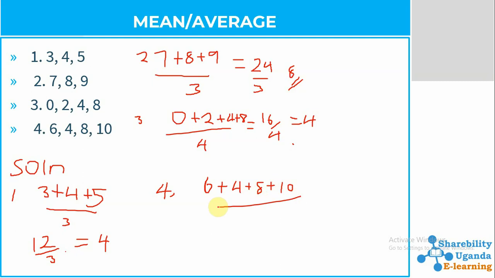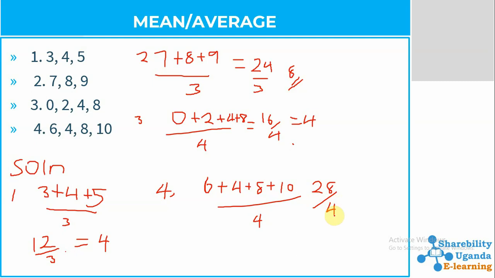How many numbers are these? 1, 2, 3, 4. Divided by what? Divided by 4. What is 10 plus 8? 18. 18 plus 4, 22. Then plus 6, 28. So this is 28. Divided by 4.